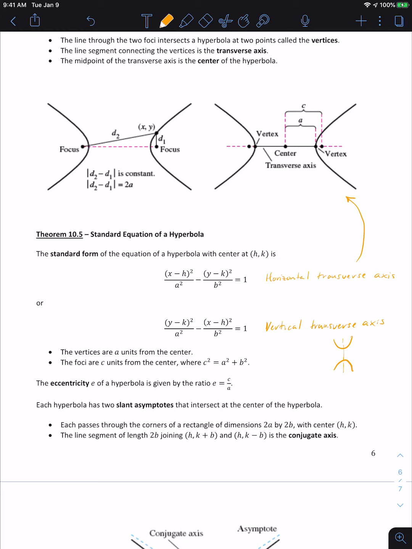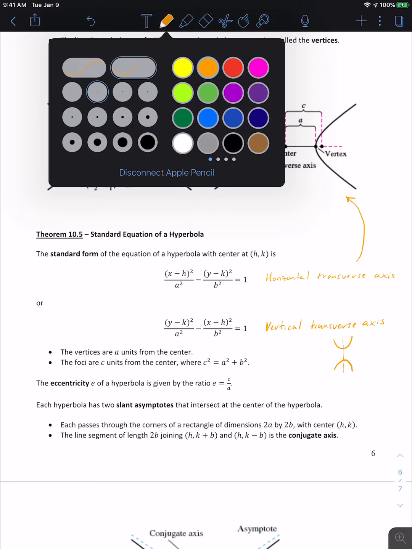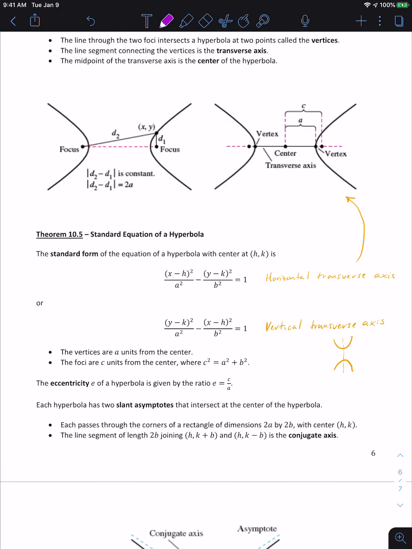The one thing to help us draw hyperbolas is to notice that hyperbolas have two asymptotes that intersect at the center. So if I were looking at, say, this first picture, I notice that I have a slant asymptote right here, and a slant asymptote right here.